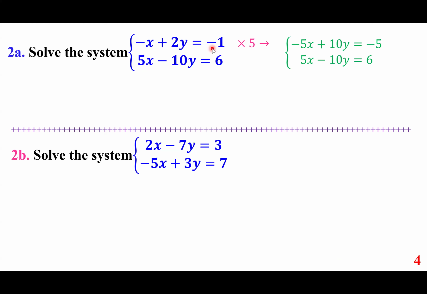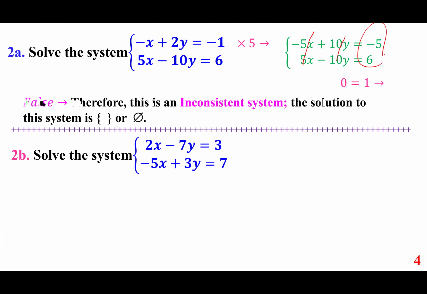It so happened that everything cancels out on the left side, and you get 0 on the left side. The right side, they add up to 1. 0 equals 1 is a false statement. Therefore, this is an inconsistent system.